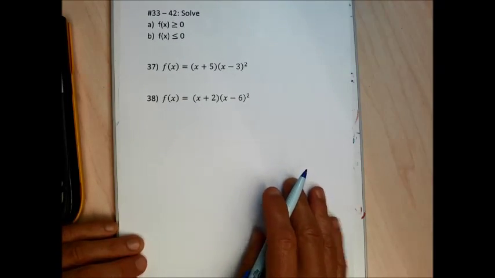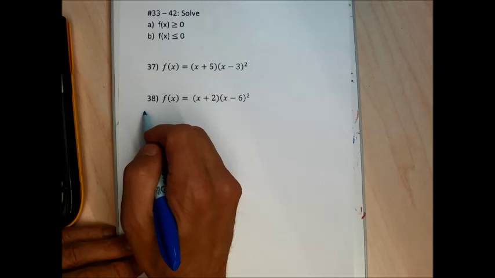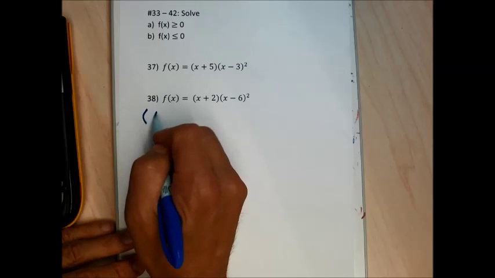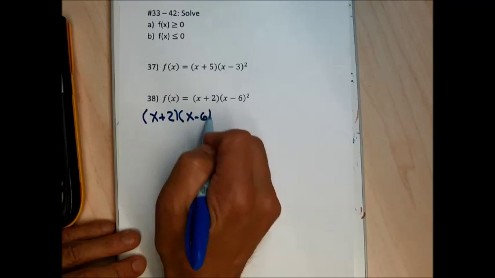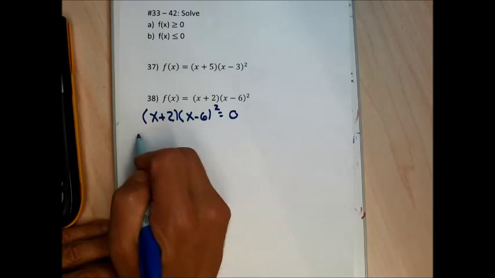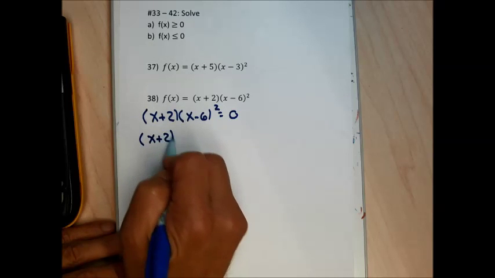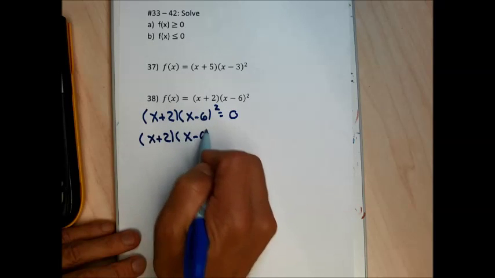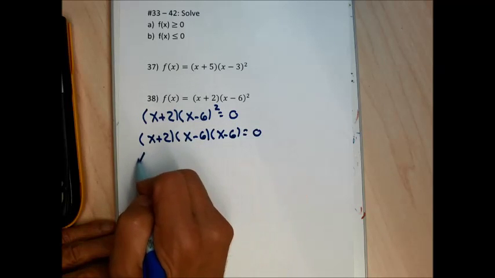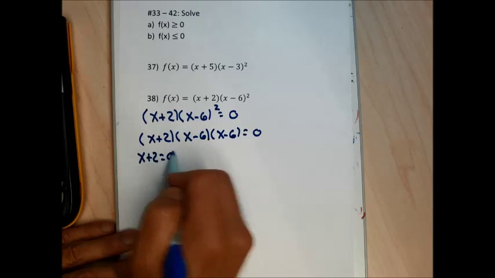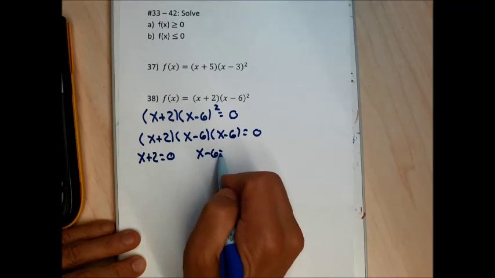For 37 and 38, I'm going to find my x-intercepts by setting the function equal to 0. I'll do 38. For 38, I'm going to rewrite the problem without the exponent as I'm finding the x-intercepts. Once I have it all kind of stretched out, I'm going to set every factor equal to 0.